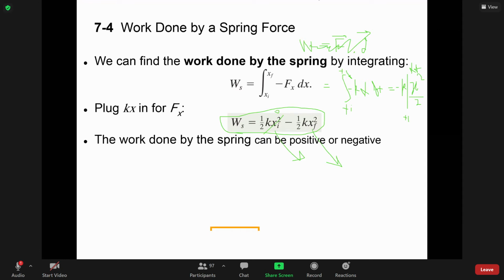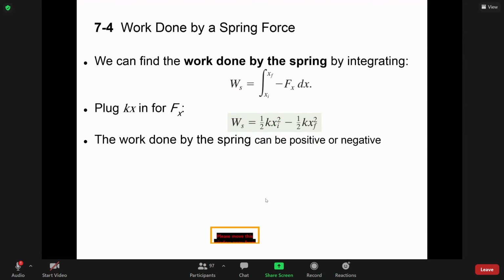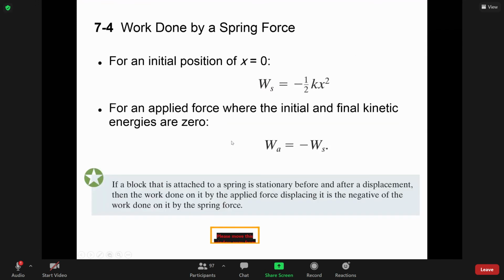So here, if the initial position was 0, then the work done by the spring has to be negative. Okay. If now we talked about the work done by the spring, how about the work done by my hand? My hand is the applied force. It's similar to raising and lowering the ball.